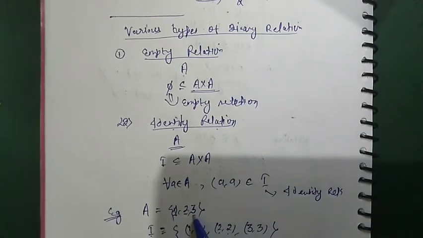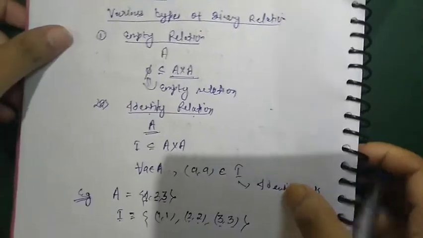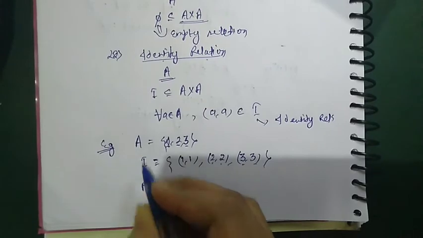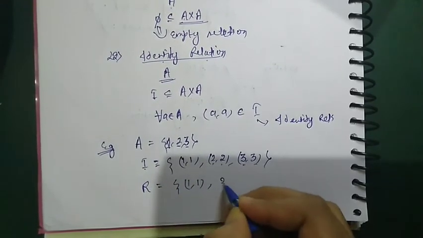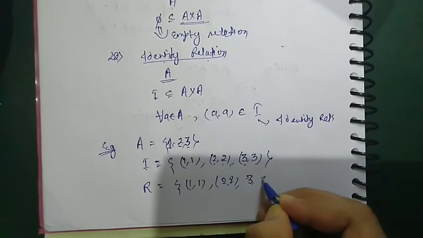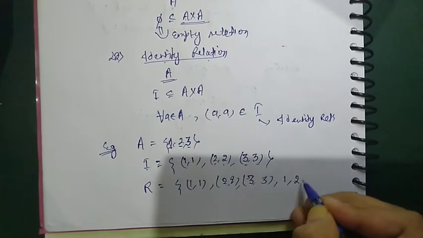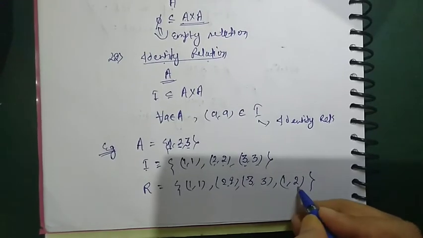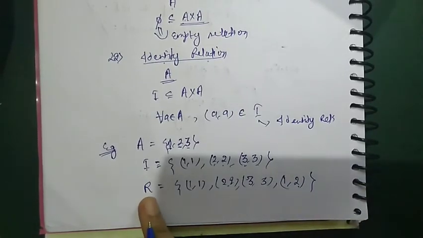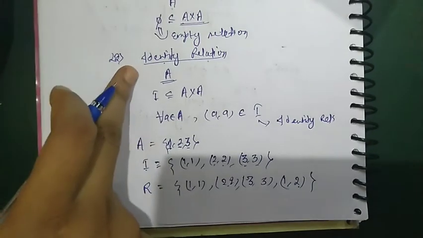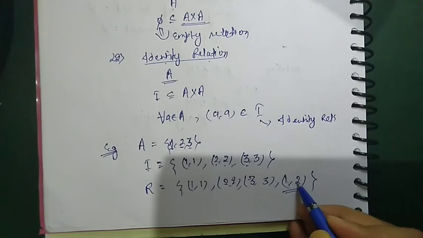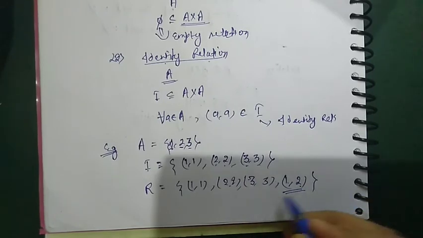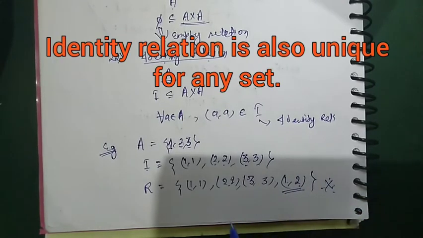For the third element 3, the ordered pair (3, 3) will come. If any relation, say R on this set A, is like (1, 1), (2, 2), (3, 3) and another element, say (1, 2), is here, then this relation R will not be called an identity relation because an extra element (1, 2) comes. So this is not an identity relation.